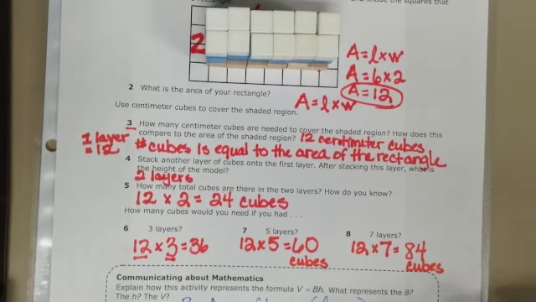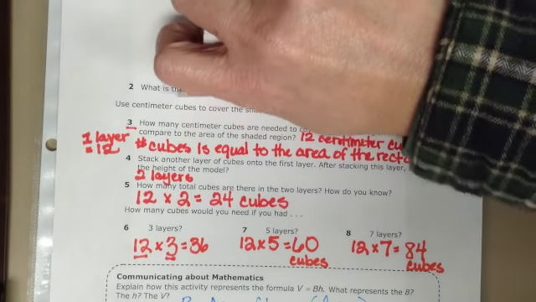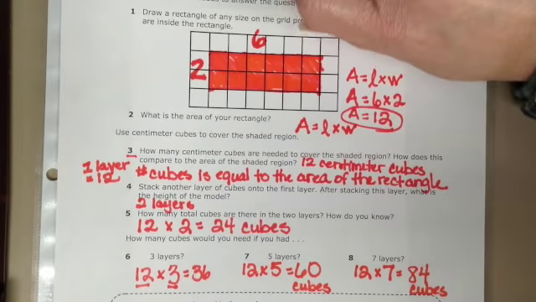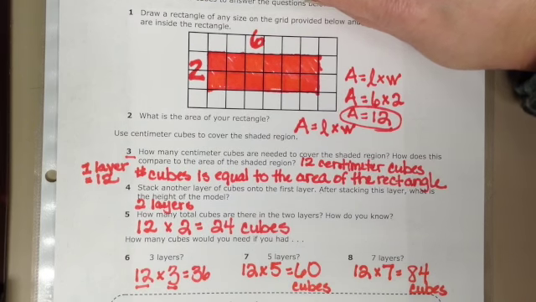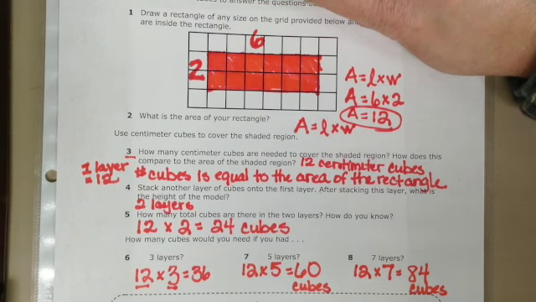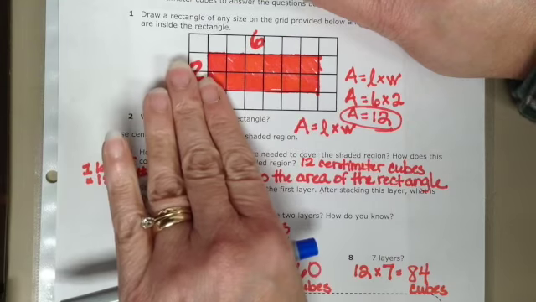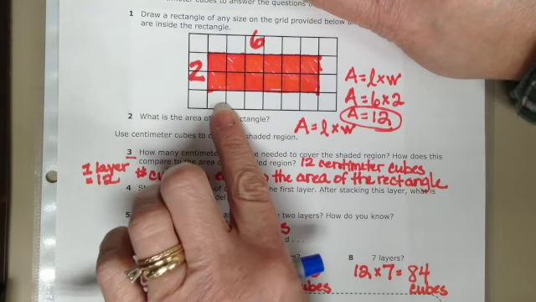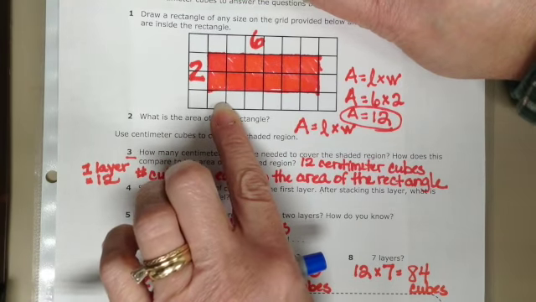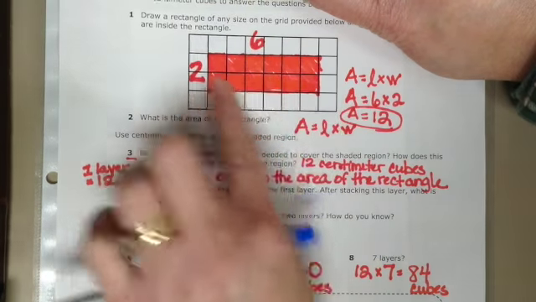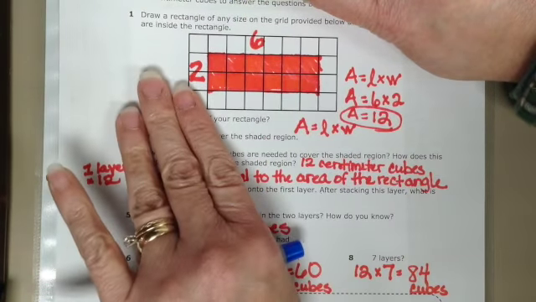Because remember, if all I did was shade in those 12 squares, how many layers of cubes did we have? We didn't have any. That's right. It's a rectangle that's shaded in, finding the area, that's flat on the paper. So there's not a single layer there. That's 0 layers. So there is no volume because it's flat on the paper.